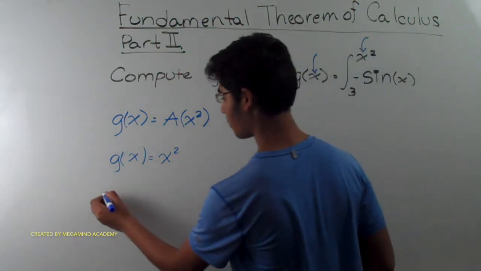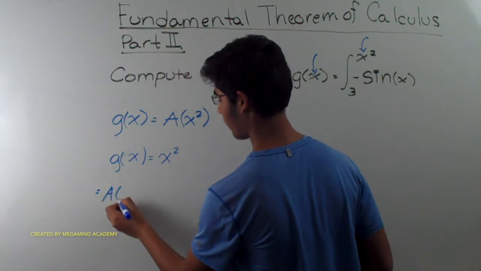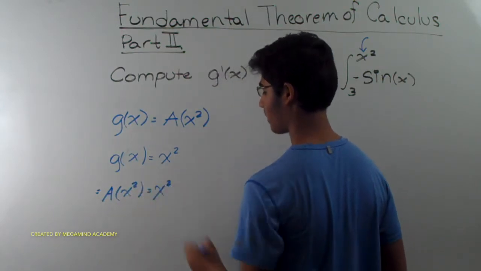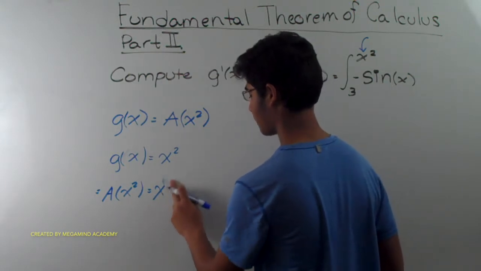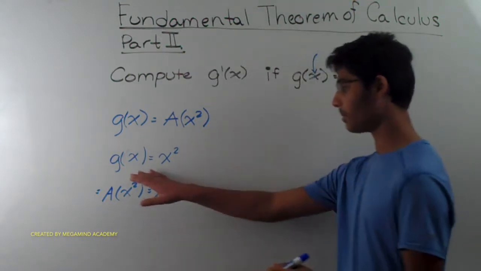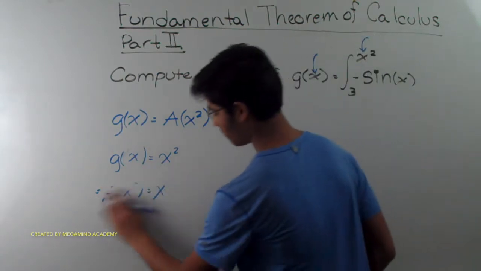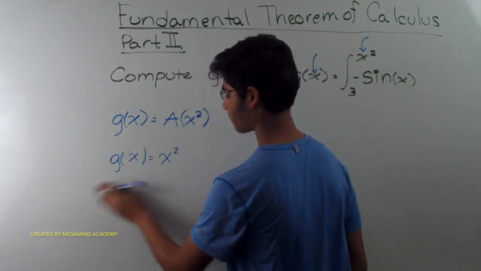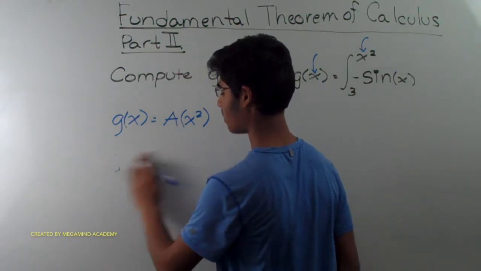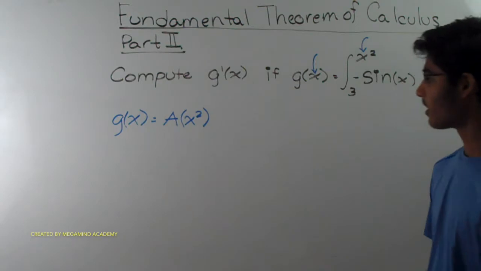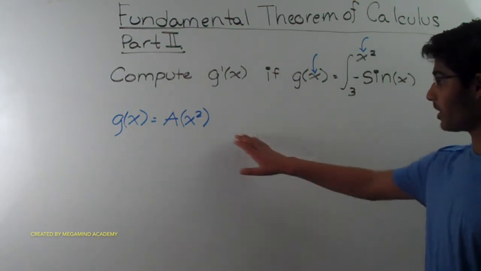So this would be equal to a of x squared is equal to x squared, or is equal to just x, because when we plug both of these in, we're going to get the same value, which would be x squared.